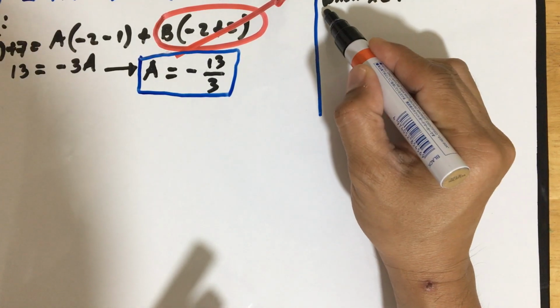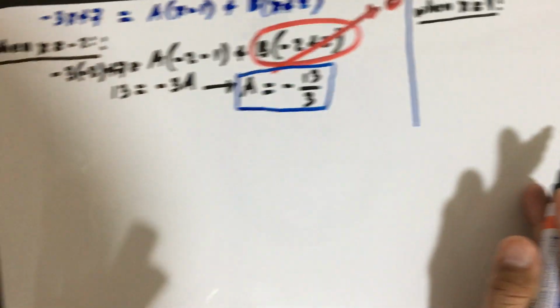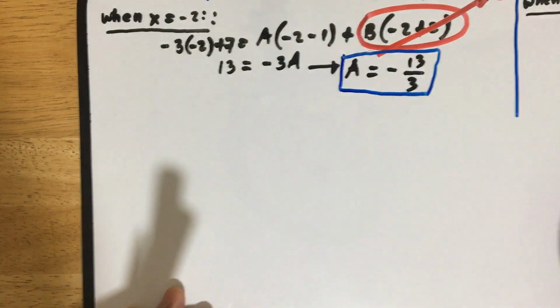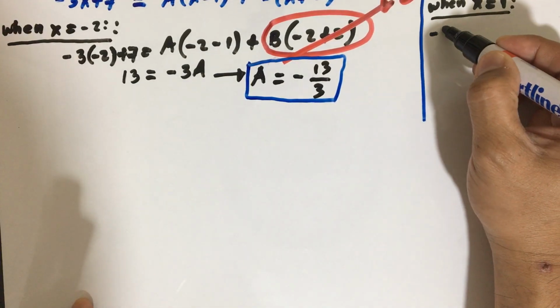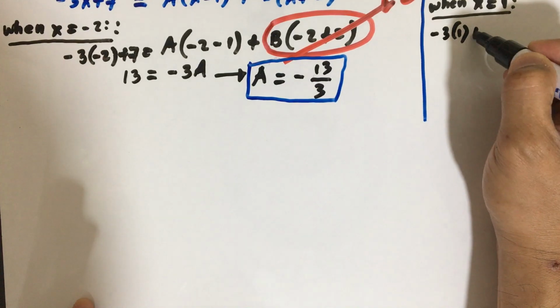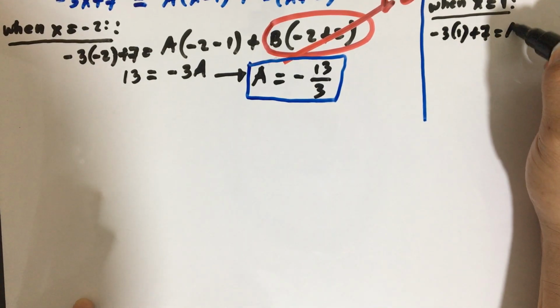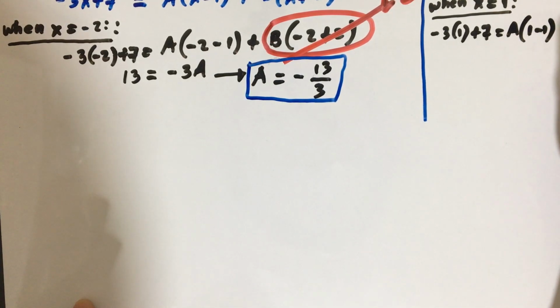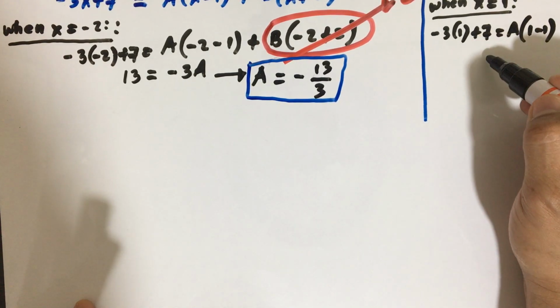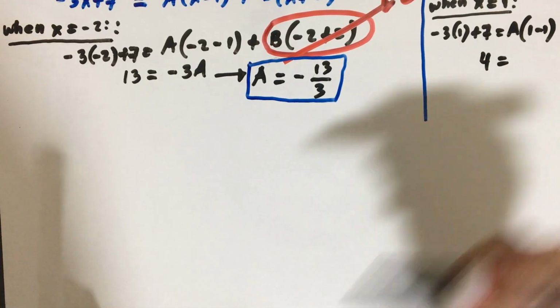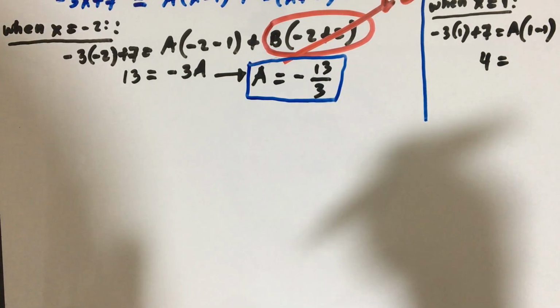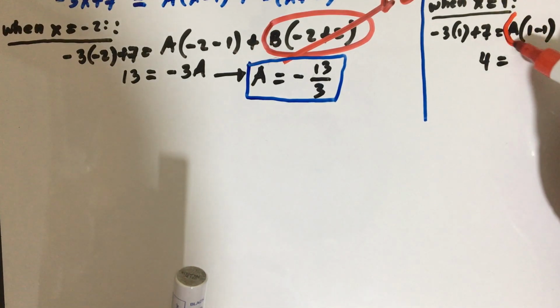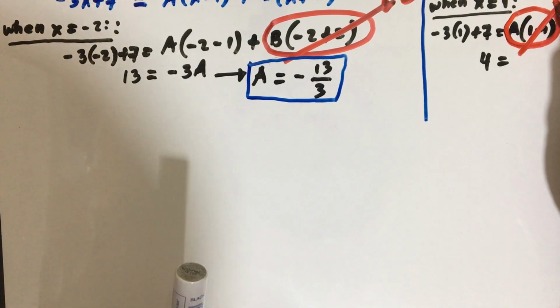So when x is equal to 1, substituting this value in this equation, we have minus 3 times 1 plus 7 equal to a times x, which is 1 minus 1, plus b times x, which is 1, plus 2. Minus 3 plus 7 is positive 4. This becomes 0 because 1 minus 1 is 0 times a, so the whole thing is equal to 0.